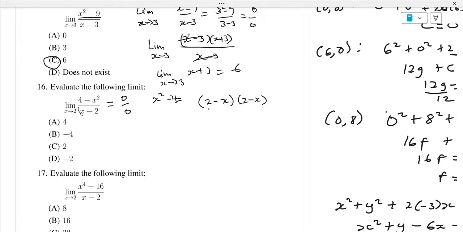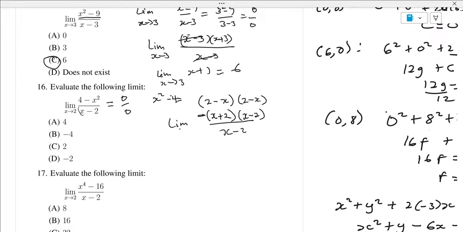So if I rewrite this again, I'm going to have negative out, then x plus 2, and x minus 2, all over x minus 2.